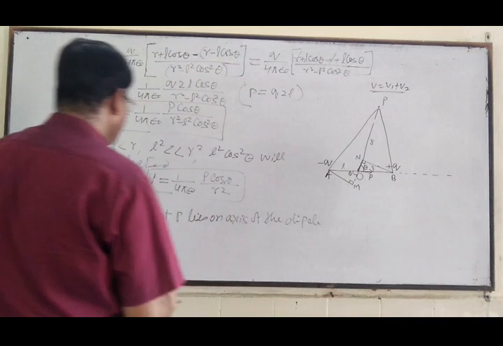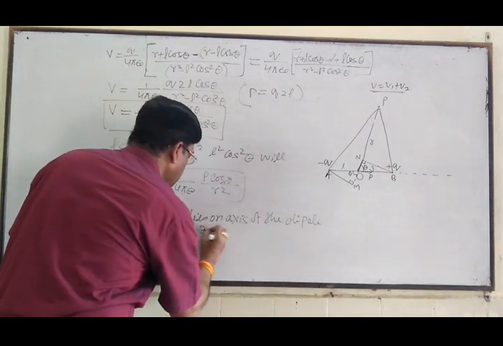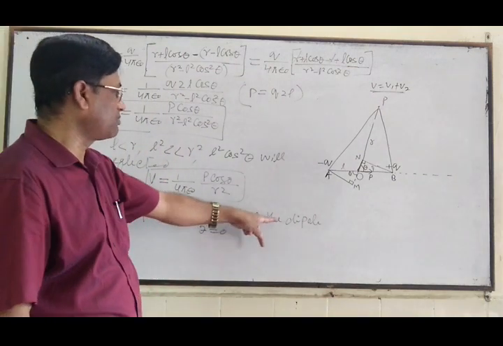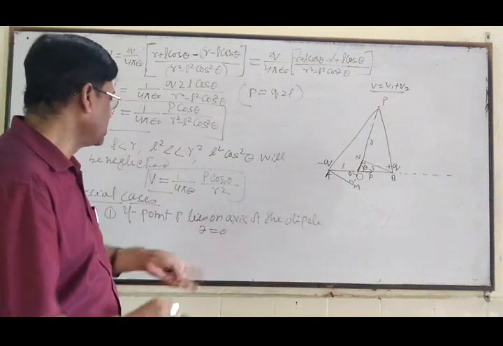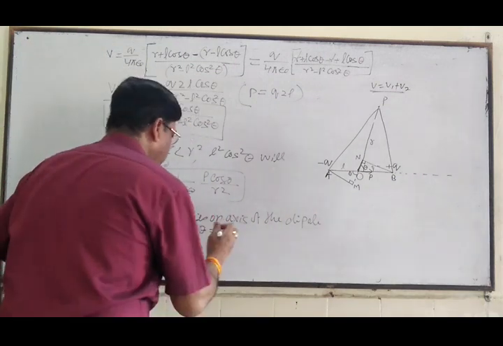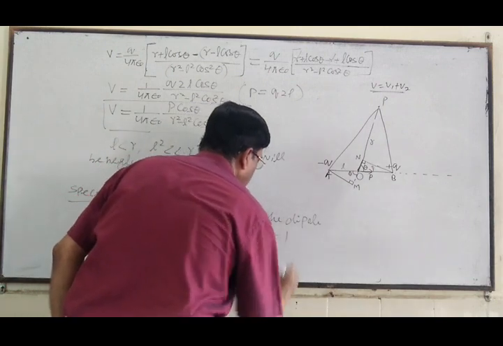Then angle theta will be 0 degree. If point P lies on the axis of the dipole, means on the axial line, then theta will be 0 degree and cos theta is equal to 1.